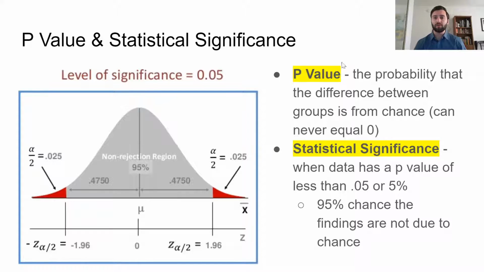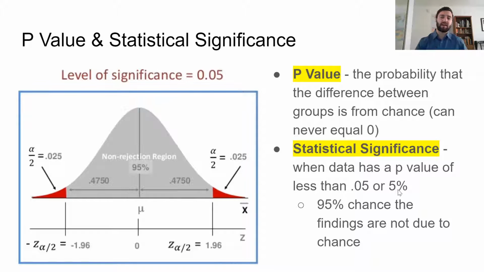What we use the p-value for is to decide if we have what is called statistical significance. Basically, statistical significance just means that your findings are significant mathematically and can be applied to our bigger group. So for psychology, what we're looking for is a p-value of less than 0.05 or 5%.